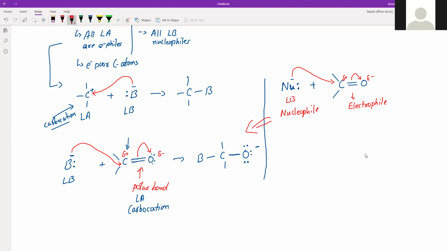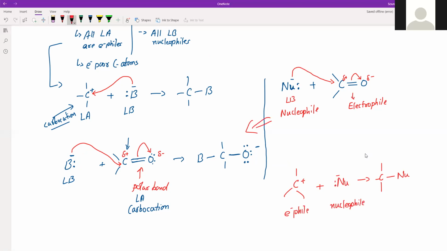So in summary, there is a positive charge, and there is a nucleophile which has a negative charge. They combine to give this. So this is the electrophile and this is the nucleophile.